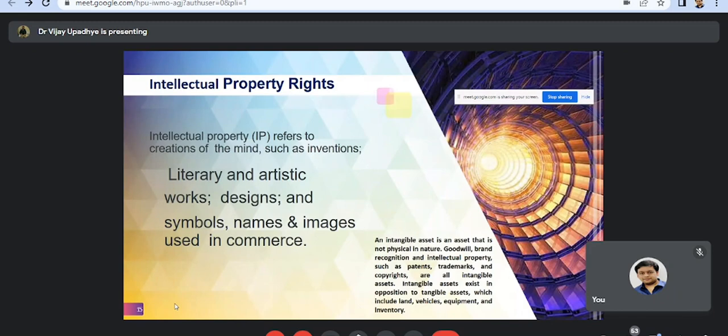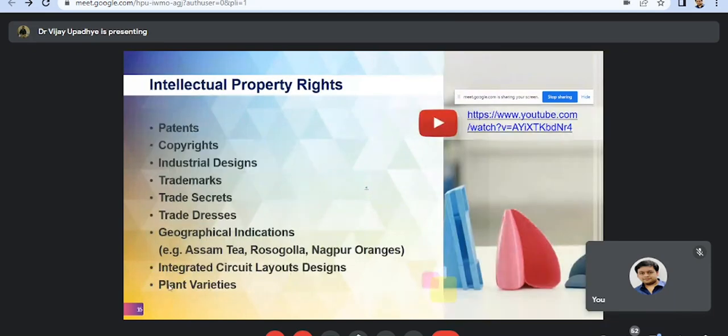There is no royalty or authority or copyright of any person on IP. Anybody can file IP, even a farmer, if he has a farm plant variety or seed variety that is unknown to the world, he can bring it into notice. We will see. One thing is very clear: it is an intangible asset. You cannot see it in physical form, but it exists.